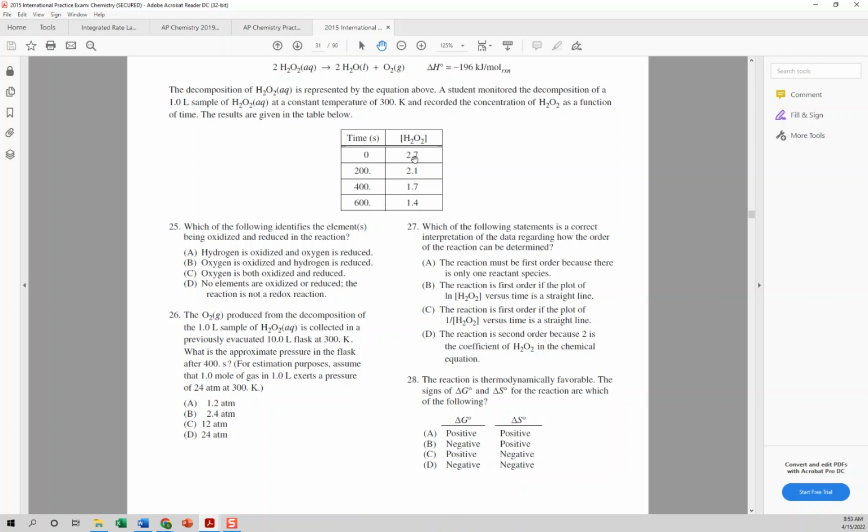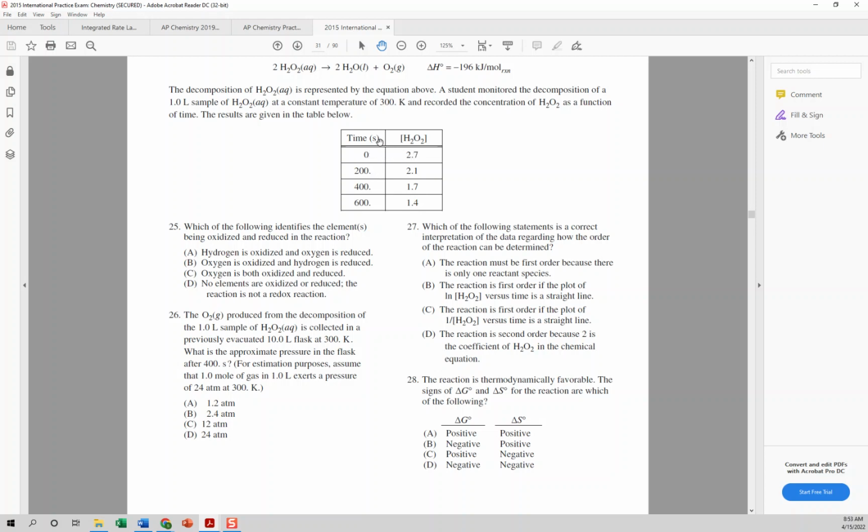But a decrease in concentration isn't the same. 0.7 to 0.1, okay, what is that? 0.6, but then 0.1 to 1.7, that's 0.4, and then 1.7 to 1.4 is 0.3. So this isn't decreasing at a constant rate.